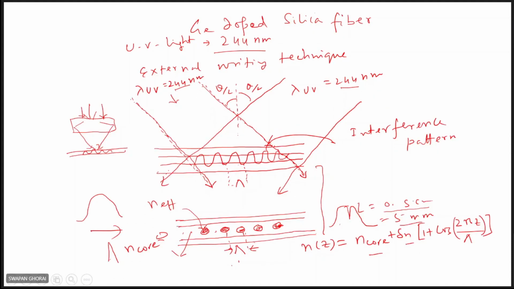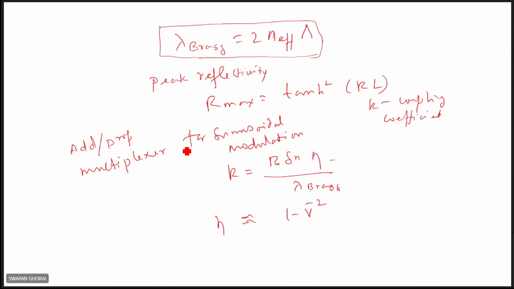In this way, you can fabricate the gratings. If you use polychromatic light, and if this Bragg condition is satisfied, lambda Bragg equals twice n effective times capital lambda, then that light will be reflected back. I'll just demonstrate how light is reflected.